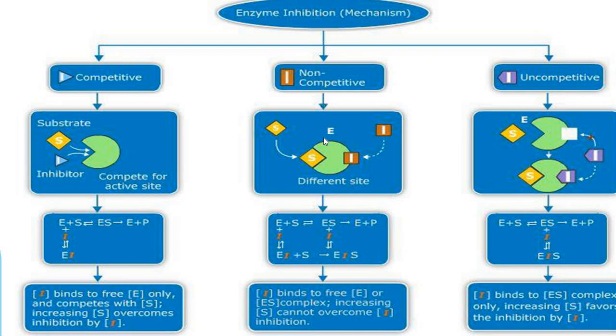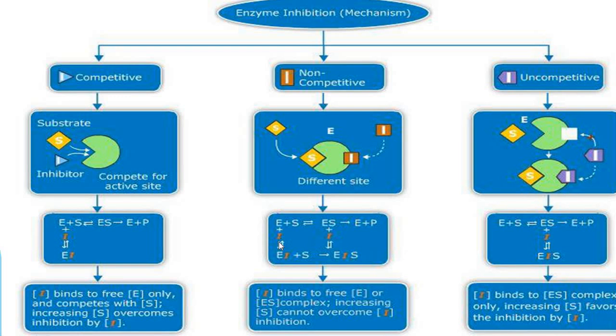In case of non-competitive inhibition, there is an active site for the binding of the substrate, but there is also another site for the binding of the inhibitor. So, there are different sites for the binding of the substrate and the inhibitor.